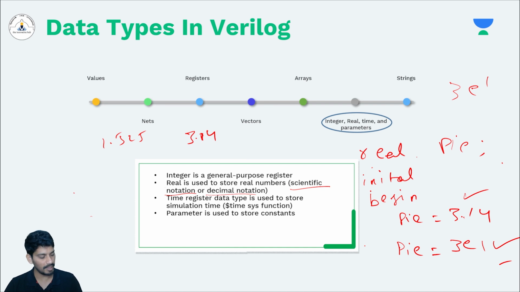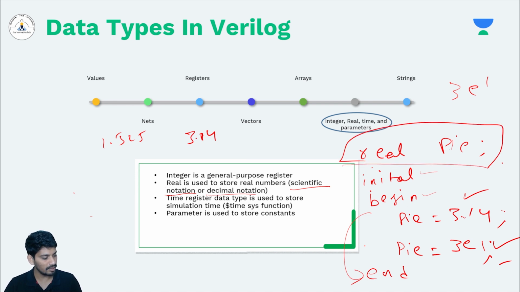Every statement in Verilog should end with a semicolon, except keywords like initial and begin. So I am ending these statements with a semicolon and I am closing the begin with end. This is how you can write a variable pi with different values like 3.14 and 3.1.